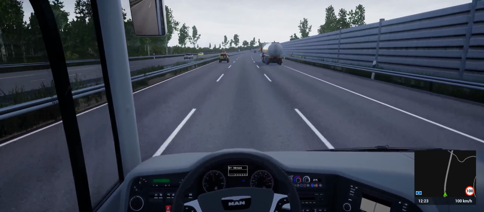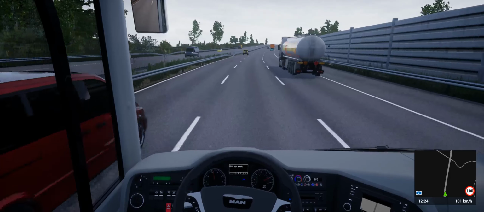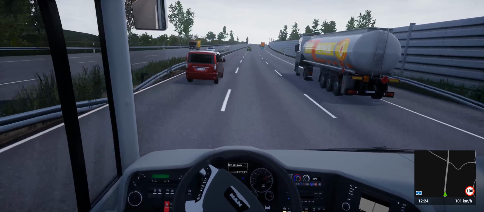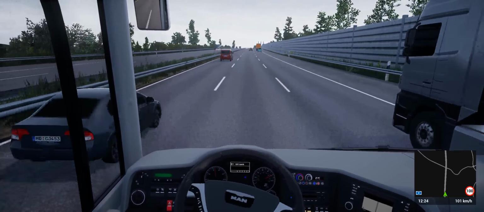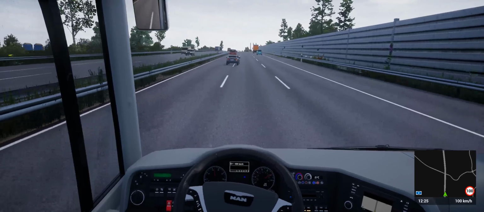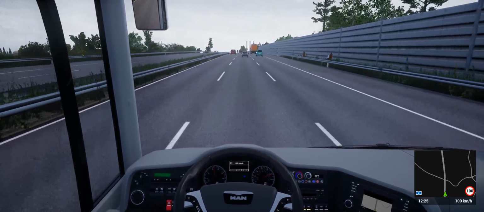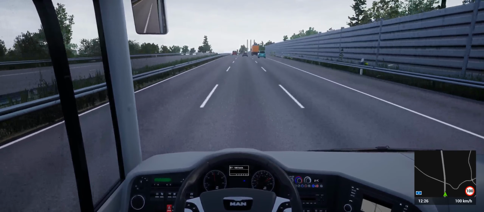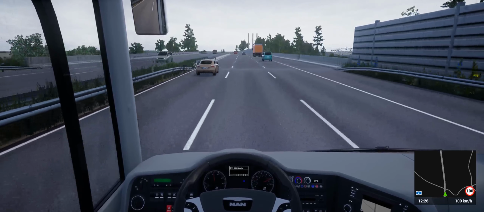It is just working. It has some bugs. The AI traffic in this game is not that good, but it works. The bugs that we see here are not related to this feature, because they appear even in the first minutes of gameplay, when we are supposed to be closer to the origin.